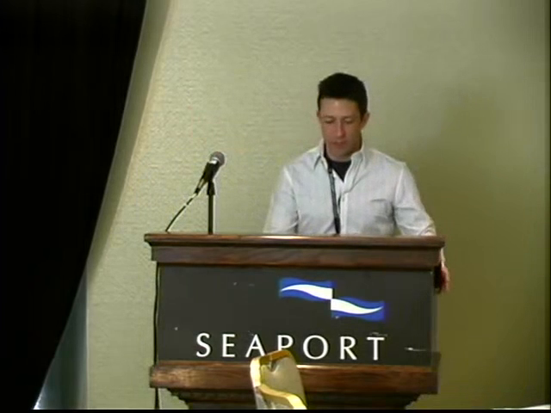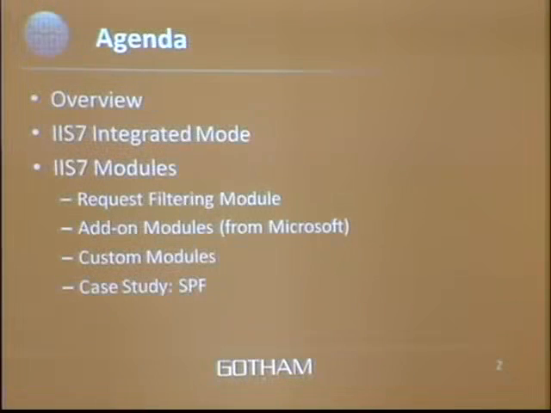All right, so as Chris said, today we're going to talk about IIS7. The agenda is really just to give a brief overview of IIS7 and a what's new. Then talk about IIS7 integrated mode, which is a new operating mode that IIS7 has that really allows you to do some much more powerful things than you could do before, especially when we talk about applications that are not ASP.NET applications. And then we're going to spend a lot of time talking about IIS7 modules.